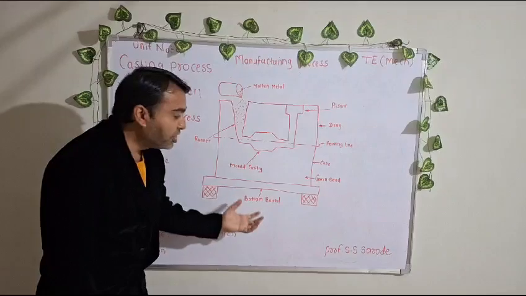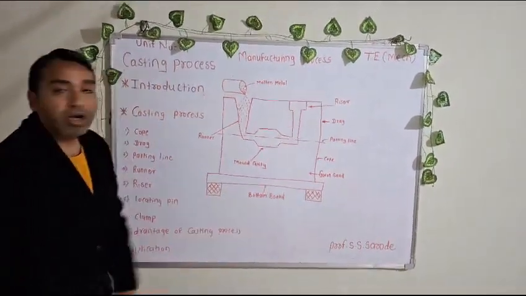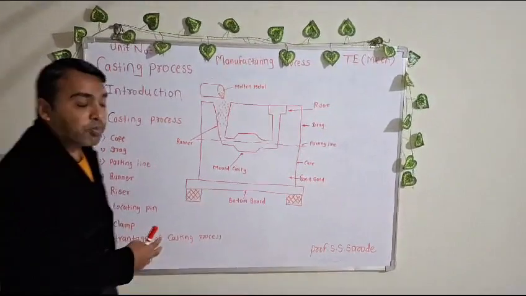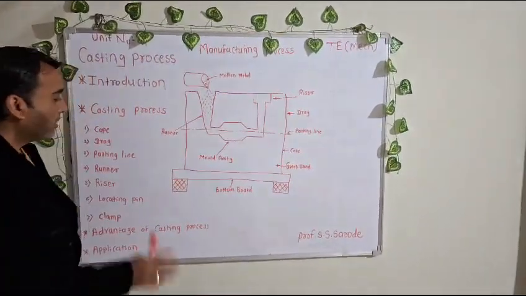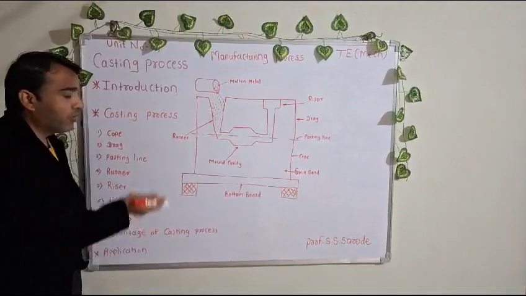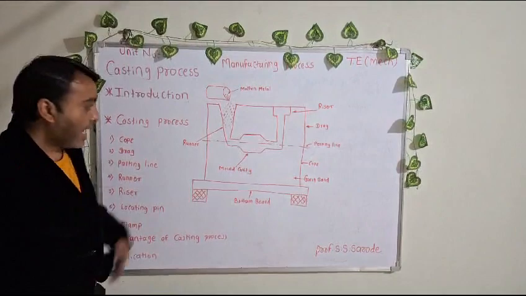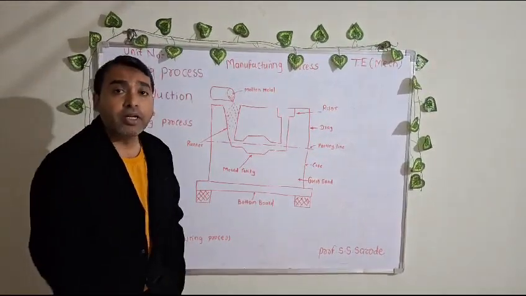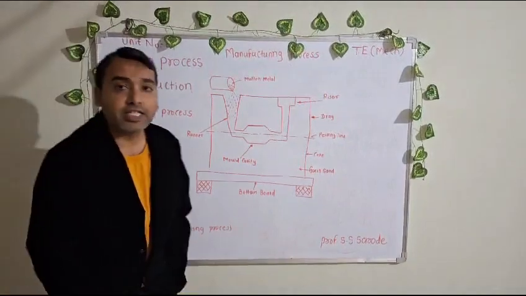The whole setup is placed over the bottom board, which is for the proper fixing of the sand box. Now we check the function of each point, how it works, and which process is followed in casting to make the casting component.